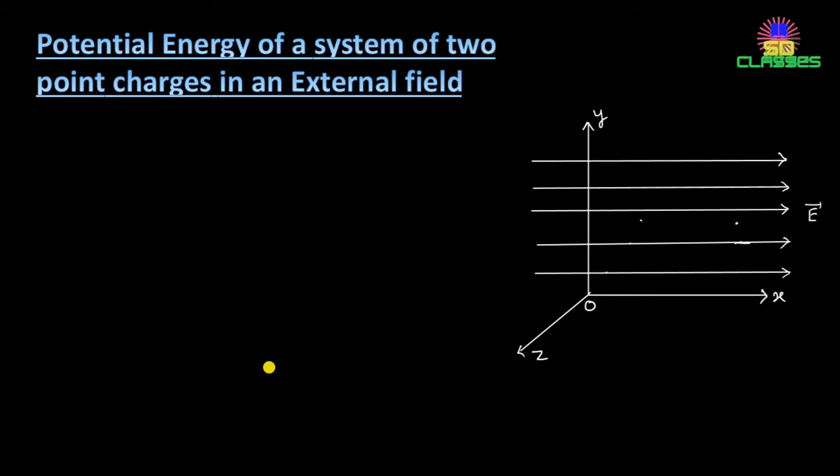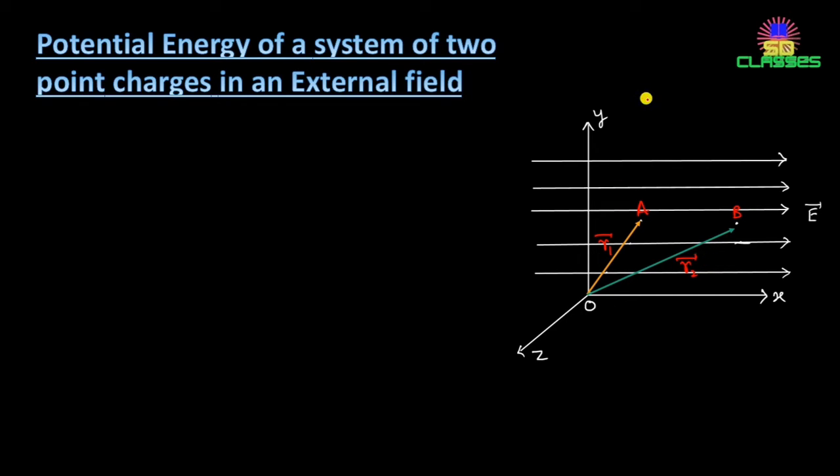Now let us consider 2-point charges. Let us consider point A and point B. Point A is denoted by the position vector r1, and point B is denoted by the position vector r2.